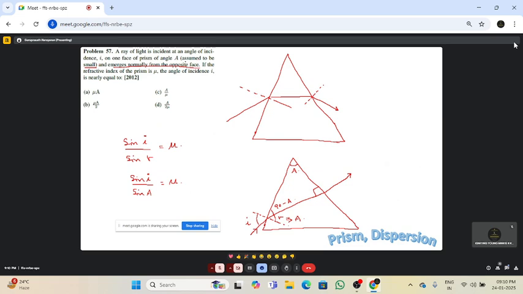Whenever they say assumed to be small, sin theta can be taken as theta. So I by A is equal to mu. So I is equal to A into mu. That should be your correct answer. This is all easy. Only thing you should know is how to make the drawing.